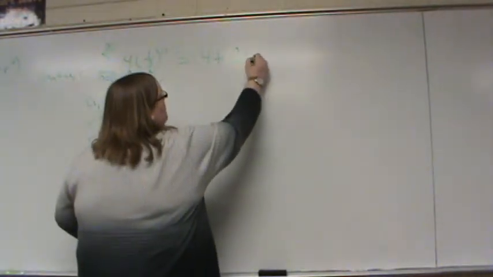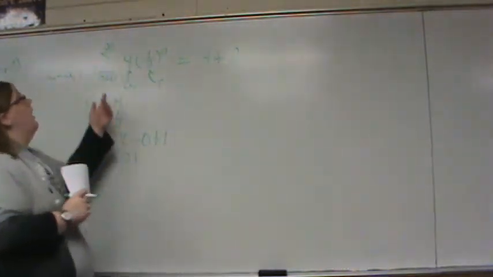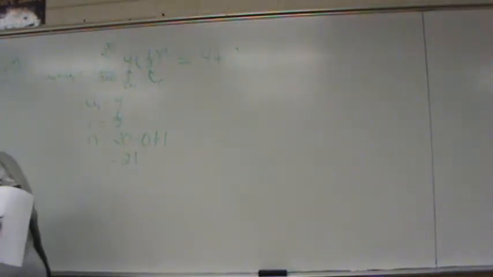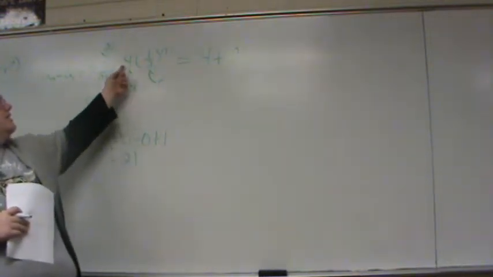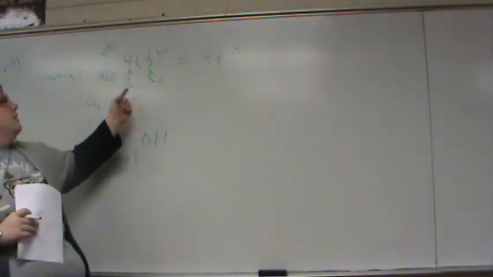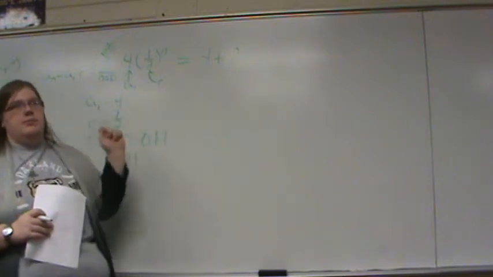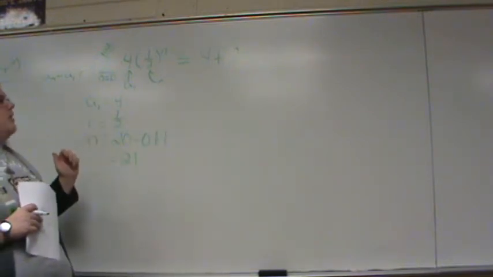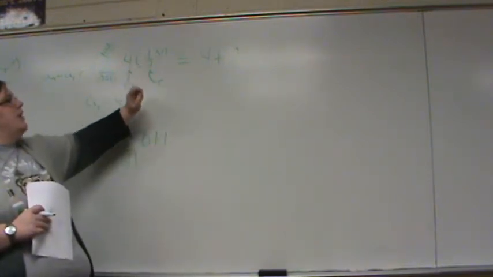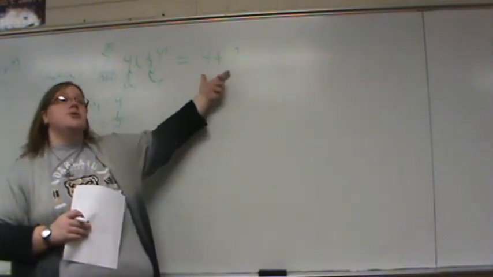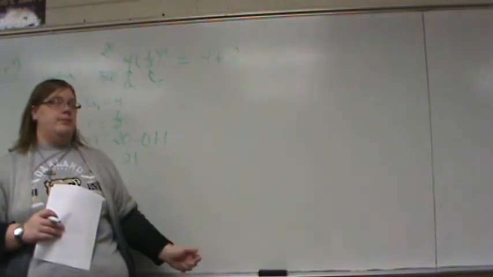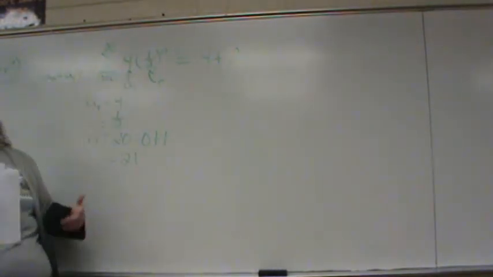And then this would continue for all 20 terms. So if you didn't know that this 4 was your A1 value, you could find your first term to make sure. If you didn't know that this 1/2 was your R value, now that we have two terms, you could find your R value. But we can just tell by looking at the summation notation.